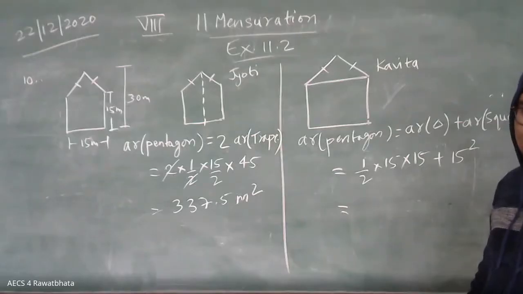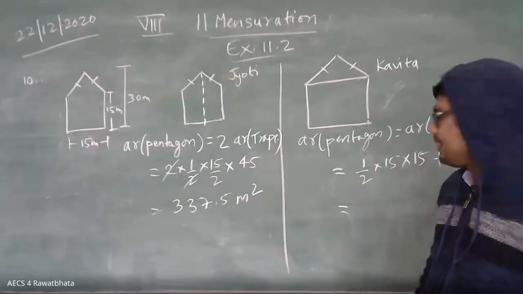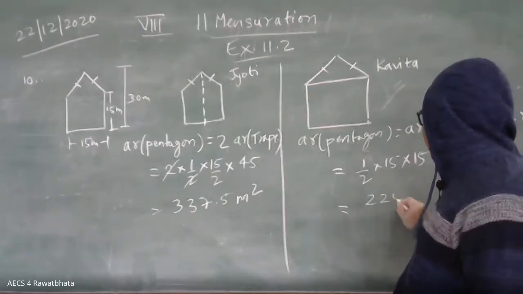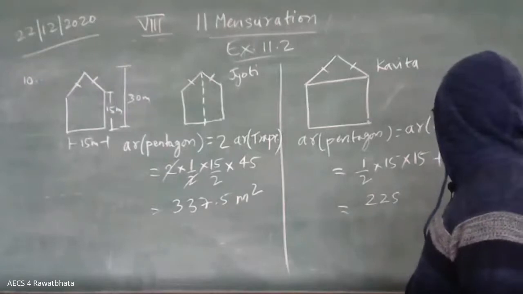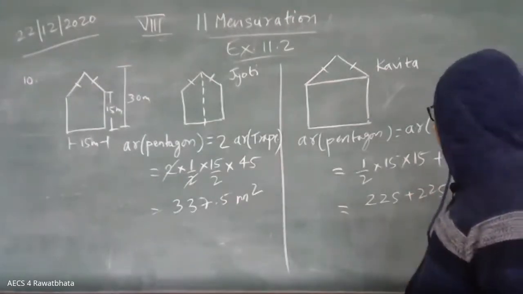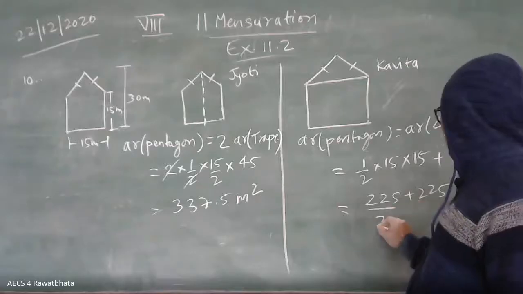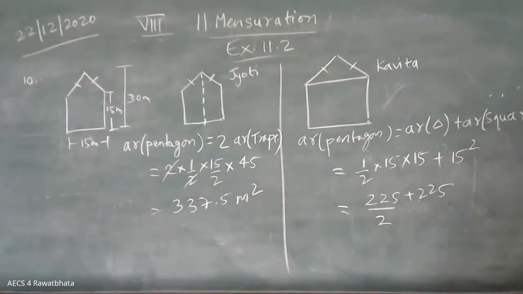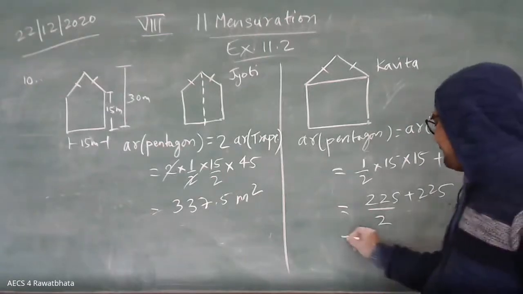15 square. Tell me what is the value of 15 square. 225. Plus 225 divided by 2. 225 divided by 2 is 112.5.